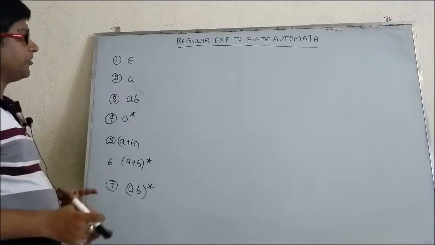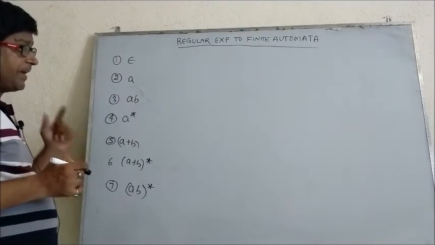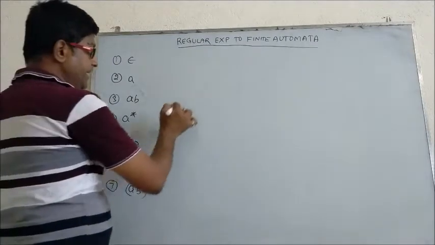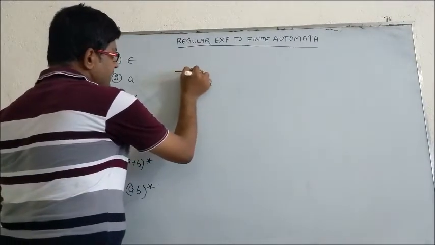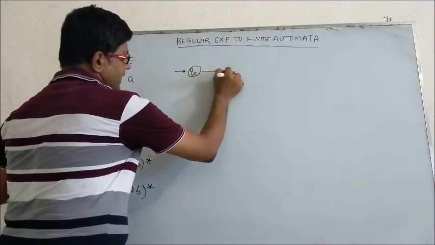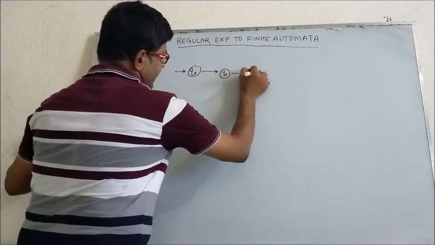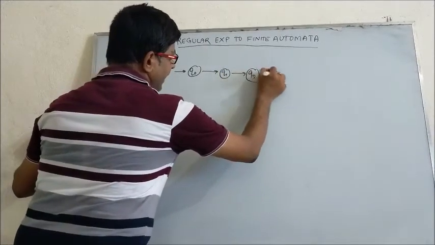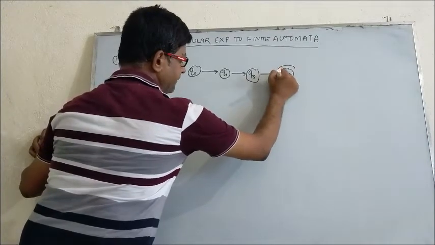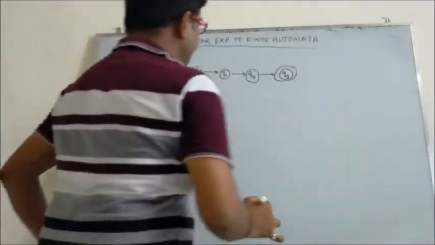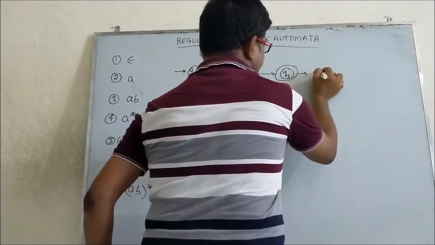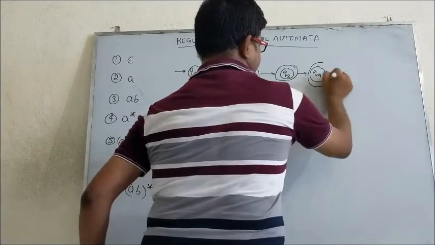So let's start. Before designing the finite automata, let's see one example of a finite automaton. This is your Q0, the initial state, right? This is the second state Q1, this is the third state Q2, and this is the final state Q3. Can we have more than one final state? Yes, we can have more than one final state, like Q4, and this is also a final state.